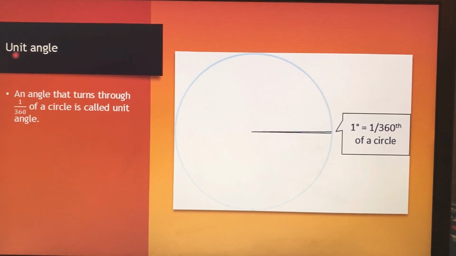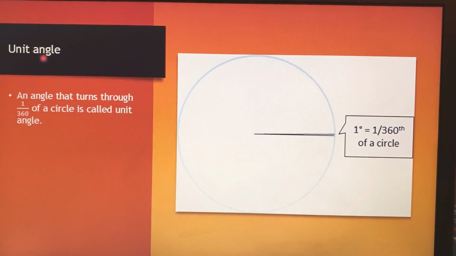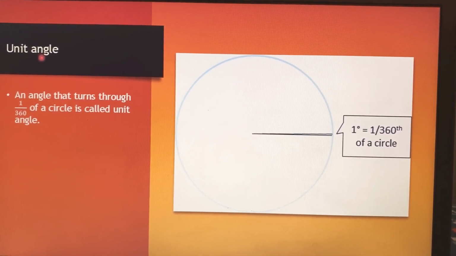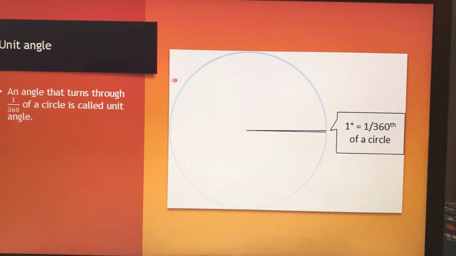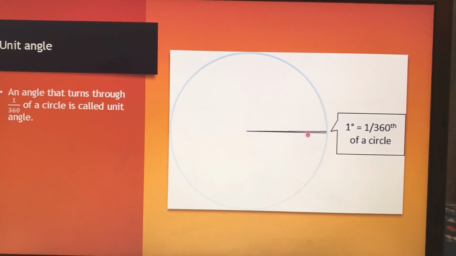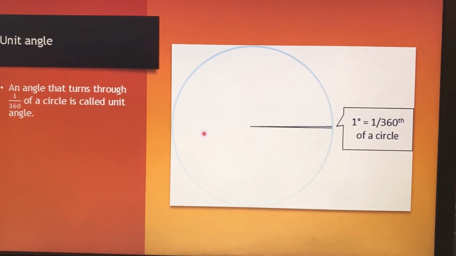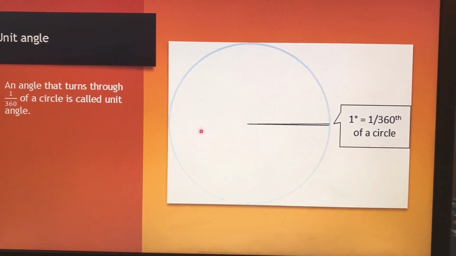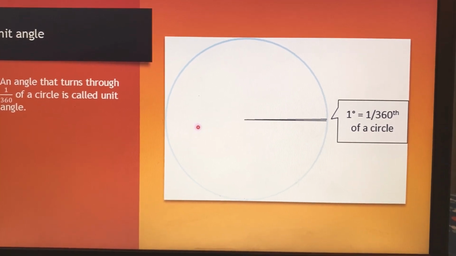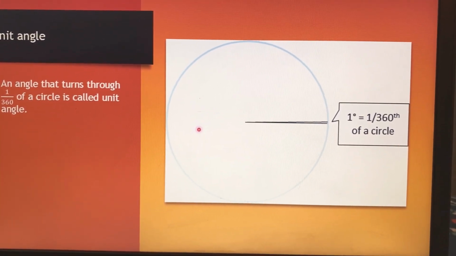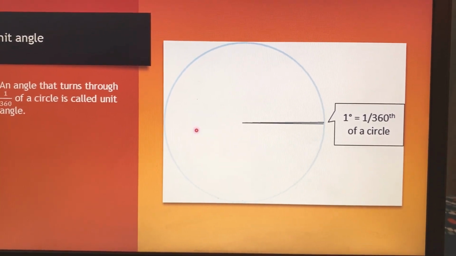Here we have unit angle. What is the meaning of a unit angle? Now, everyone please focus on the circle. In one whole circle, I have 360 degrees.